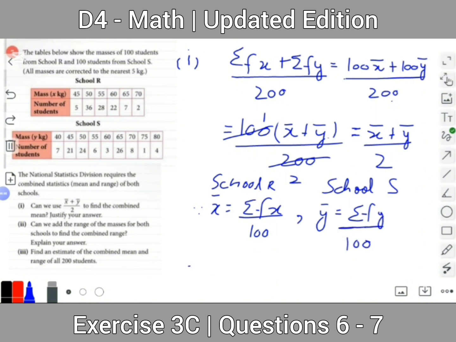So we can easily find out the values: summation fx is equals to 100 x bar and summation fy is equals to 100 y bar. So we have already put these values above. Hence we can find the combined mean by using x bar plus y bar divided by 2.